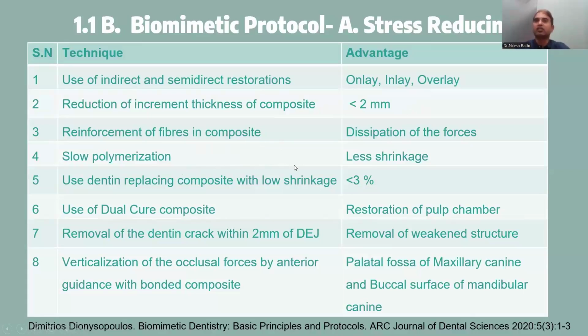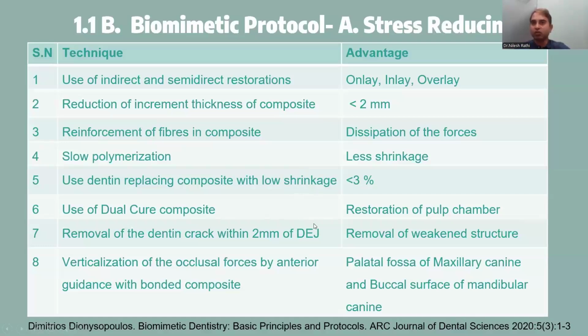The shrinkage will also cause nano leakage by creating a nano gap. To overcome that nano gap, we always need a layer of flowable composite in the dentinal area. This layer of flowable composite will compensate for the shrinkage of the composite.